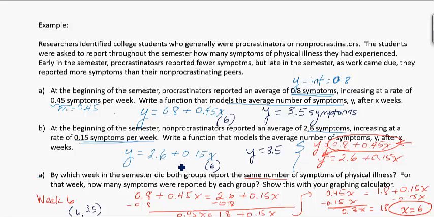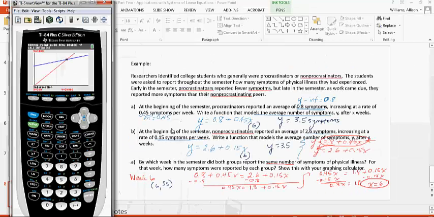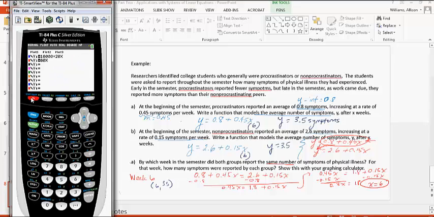Now, I also want to do this with the graphing calculator again. So let's see. If I go back into my y equals, I'm going to type in my first equation, which is 0.8, I apologize, 0.8 plus 0.45x.